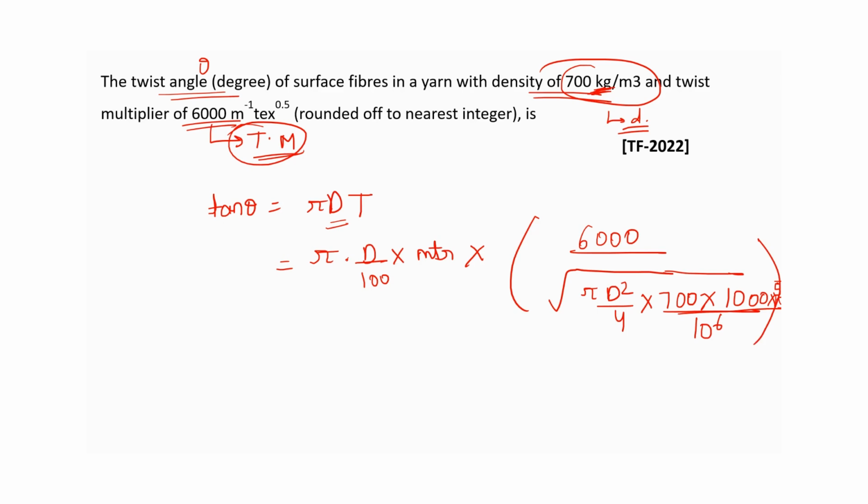Meter cube means 100 centimeter whole cube, that means 10 to the power 6. So I think you have understood why 10 to the power 6 is divided, and 10 to the power 5 is kept for centimeter.